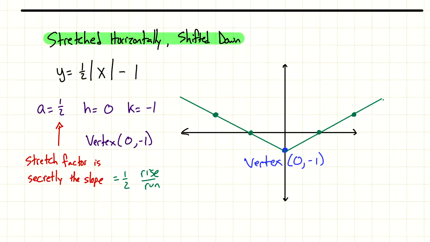You'll notice it looks wider, more open, but it still has a V shape. The orientation is still positive here. I didn't do any negative orientation graphs, but if there was a negative orientation, the graph would look like an upside down V.